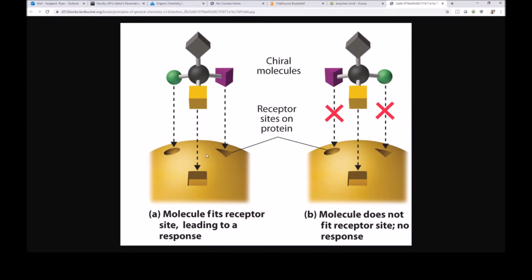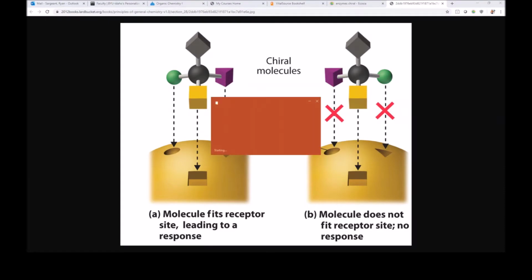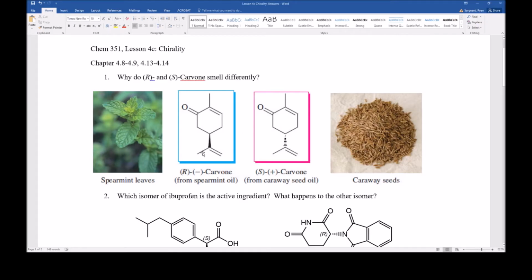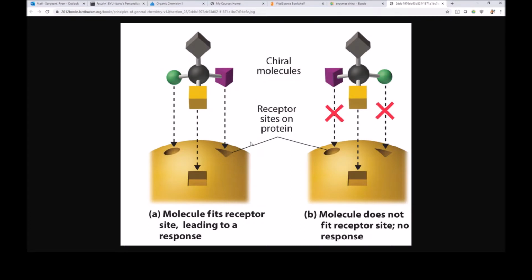And so in your nose, or somewhere up there, the molecule S-carvone would bind to a receptor differently than the way R-carvone binds to a receptor. Whatever the spearmint cascade of neural signals is, it's kick-started by R-carvone, which is the one in spearmint oil. That cascade of neural signals that tells you spearmint is caused when the molecule binds in a certain three-dimensional fashion to its specific receptor, or to a receptor that preferentially binds it.